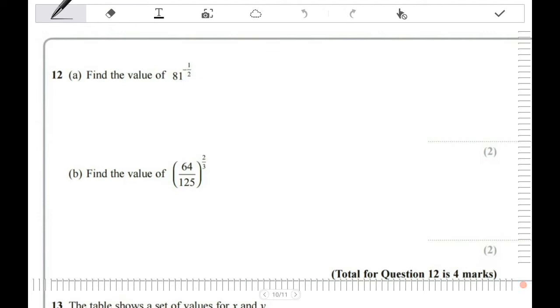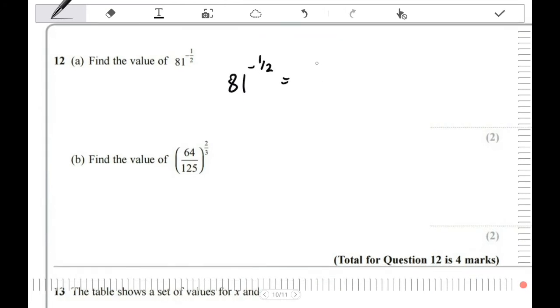Let's deal with the negative sign first. 81 to the power of minus a half. The minus is the same as the reciprocal of that number to the power of the number, the indice.